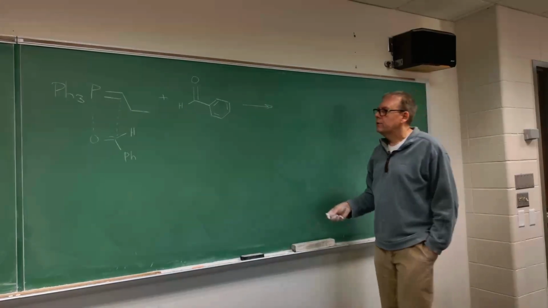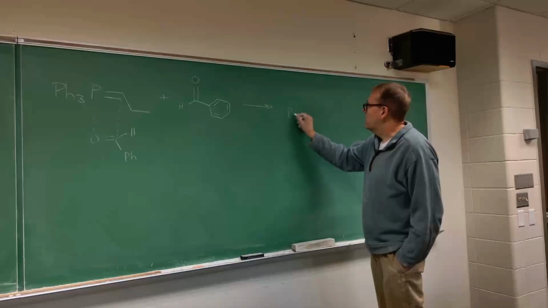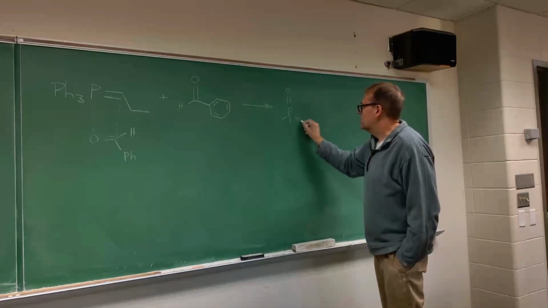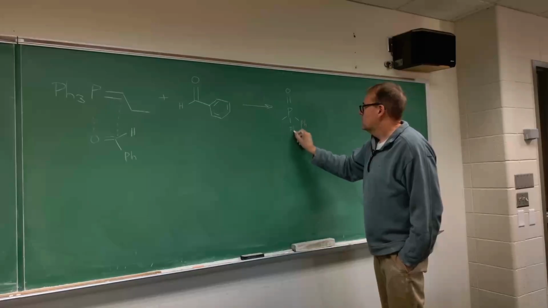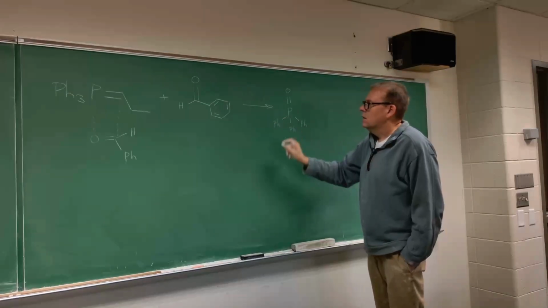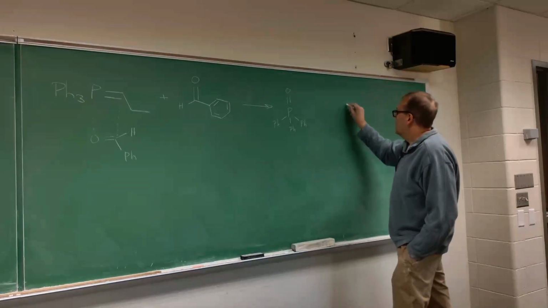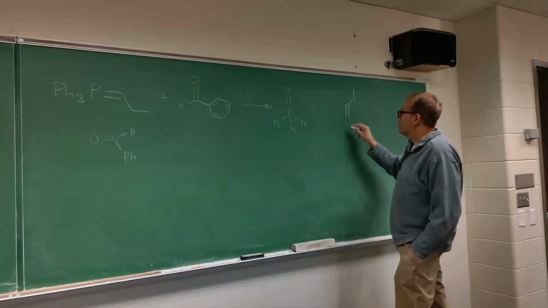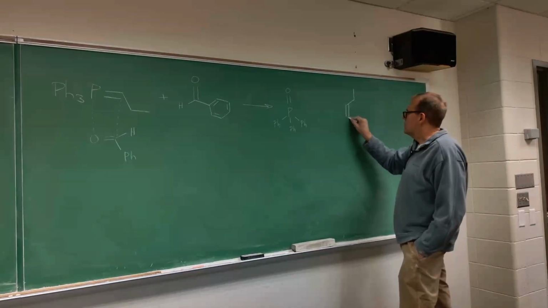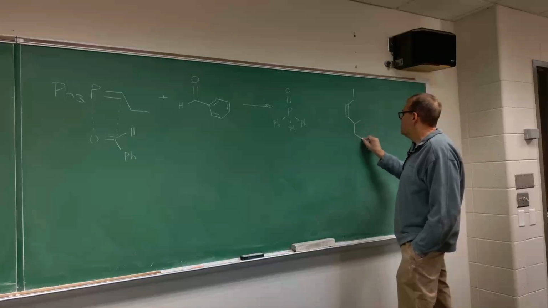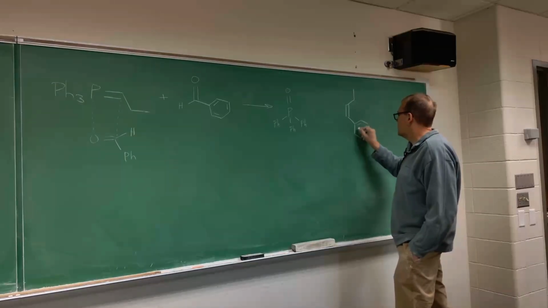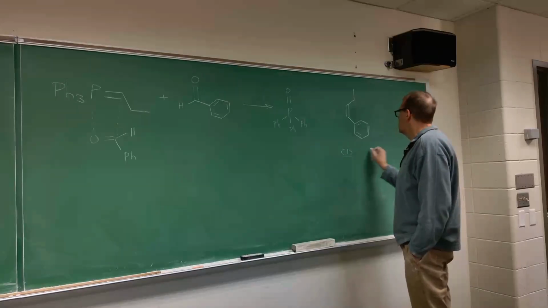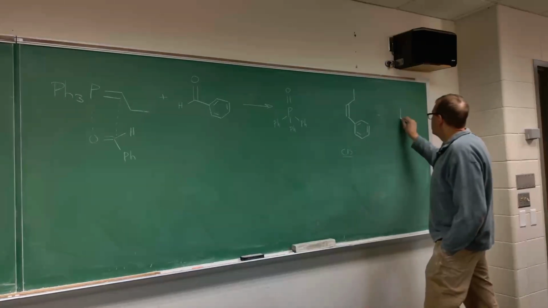It breaks down, and you get triphenylphosphine oxide as the one predictable product. It's always the same, but then you get out an alkene that has as one substituent an ethyl group, and as the other substituent a phenyl group. And so there's 2 ways to do that. There's the cis molecule, and then there's a trans version of it too.